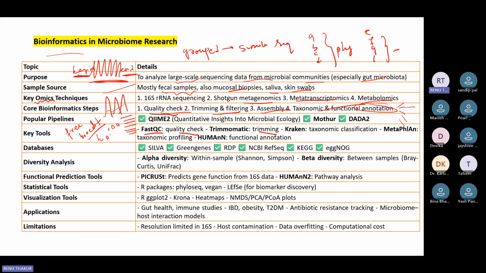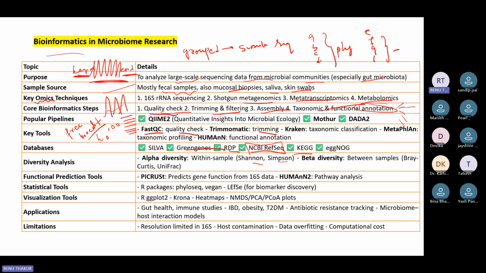There are also tools for functional annotation. You can refer to databases like Greengenes or RDP, NCBI reference sequences, and KEGG; for metabolic pathways, we have KEGG pathway. All these are different software. For diversity analysis, alpha diversity, there are some formulas if you are aware of the ecological side: we have Shannon's index and Simpson's index.